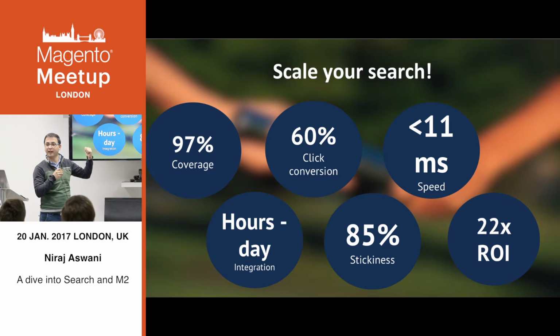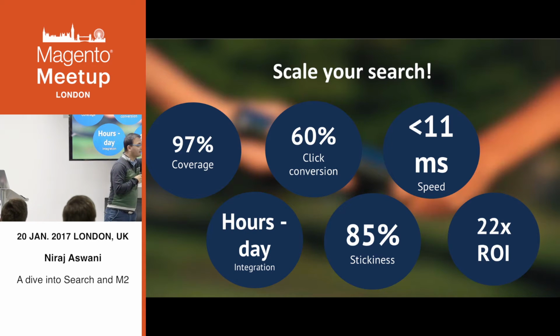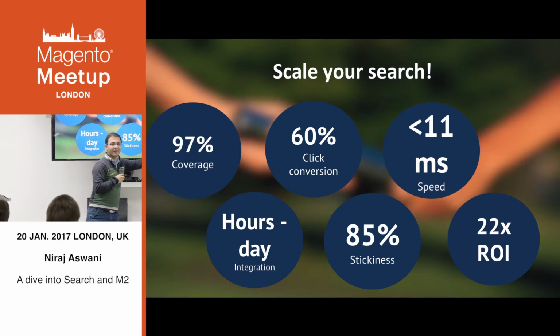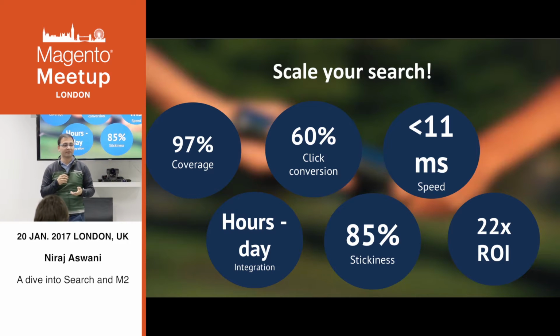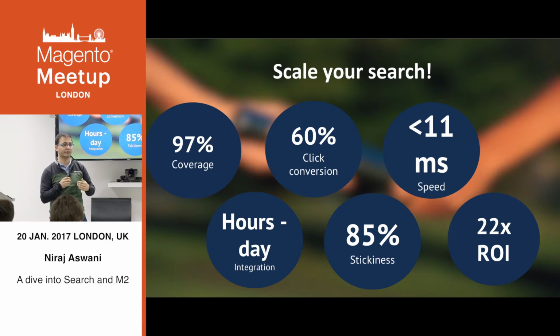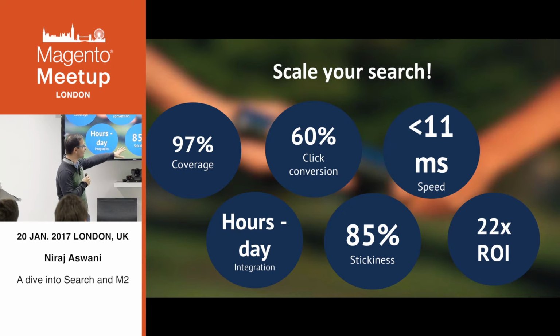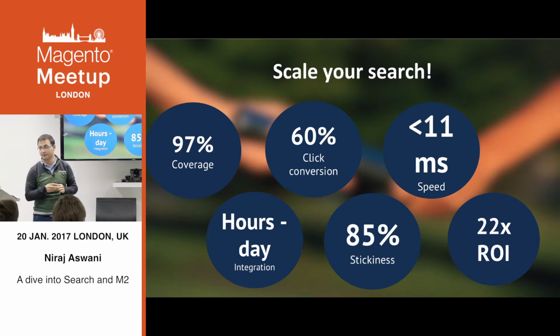That's the advantage you get if you are applying these NLP technologies to your catalog. 60 plus click conversion. The most important thing is this, you are investing some amount of money and how much return on investment you are getting. So our customers are on average getting this 22x return on the investment.